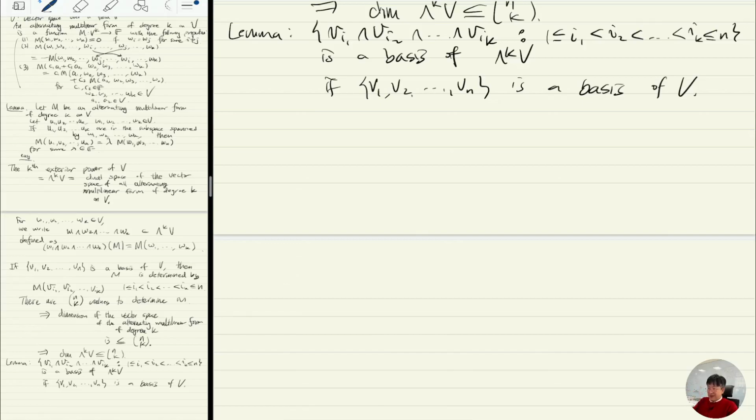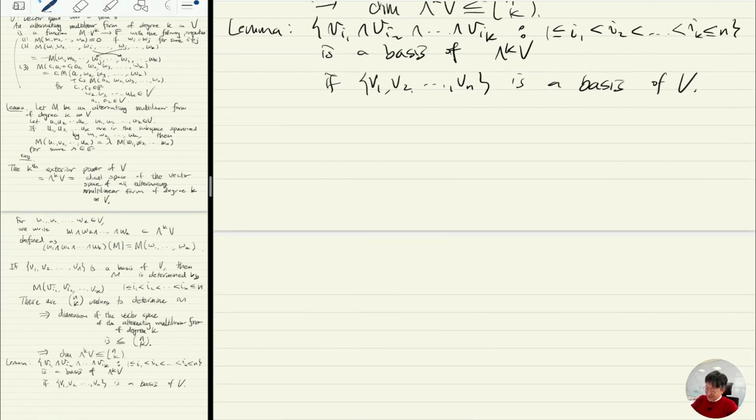But how do I know that they're linearly independent? Oh, yeah. That's the whole purpose of the proof, because once they are linearly independent, then the dimension is at most this value, so they must be a basis.